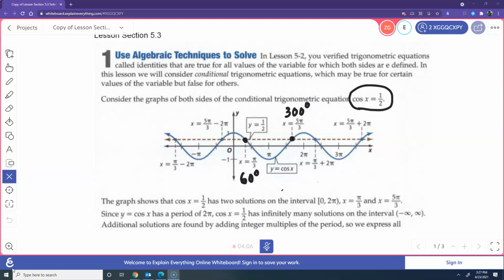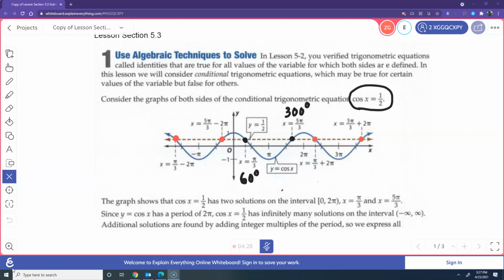And it does. I'll show you that it occurs also here, here, and here. So there are many points on the graph where y equals 1/2, where it appears again.